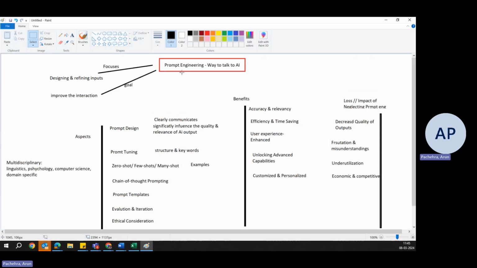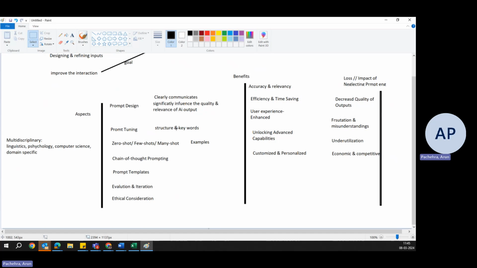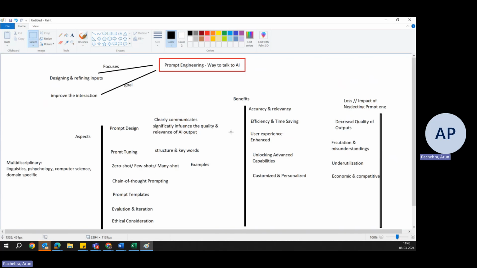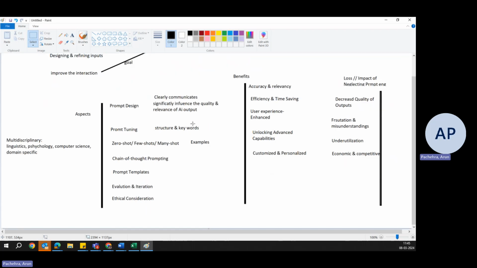Now we know what is prompt engineering, what are the different aspects, and how can we be more prompt in prompting to AI, right? So let's explore the concept of prompt engineering with practical examples to illustrate its benefits and the potential drawbacks of neglecting it. Few more examples so that we can put some more weight on it.